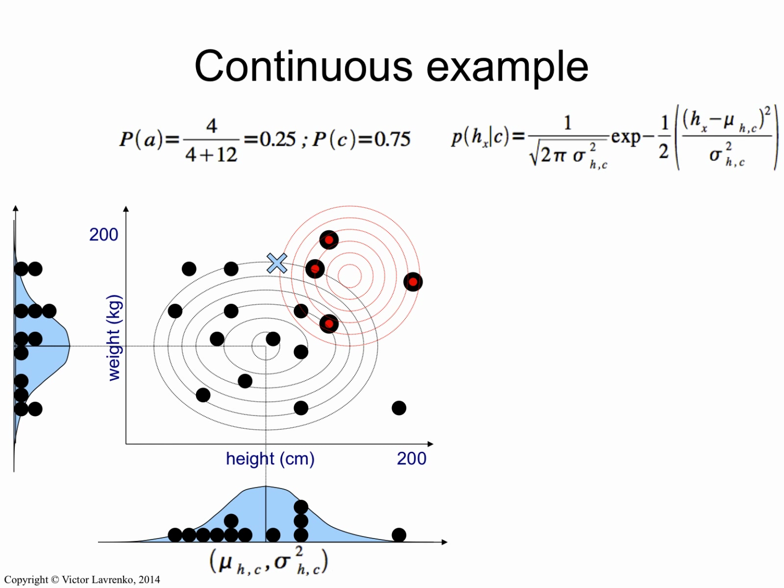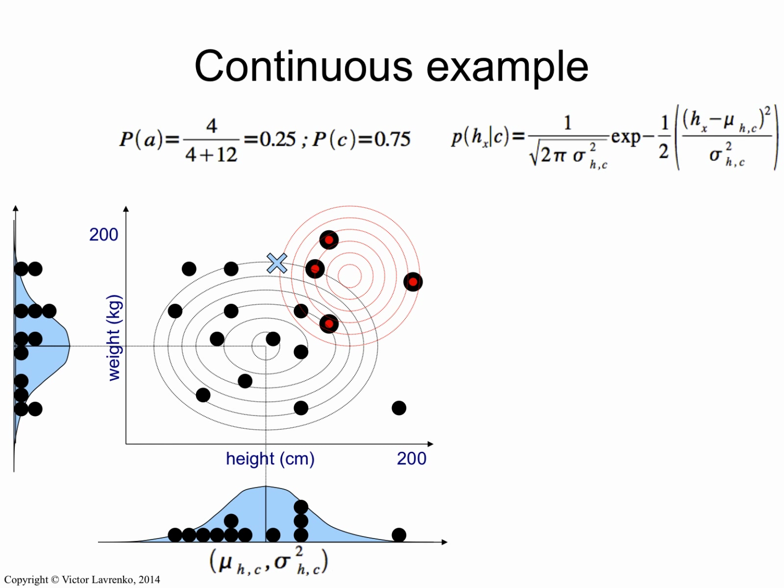Subtracting the mean height of children, and where's the mean height of children? It's right here. Right? So does that individual's height look like an average child's height? Yes. It actually looks dead on.